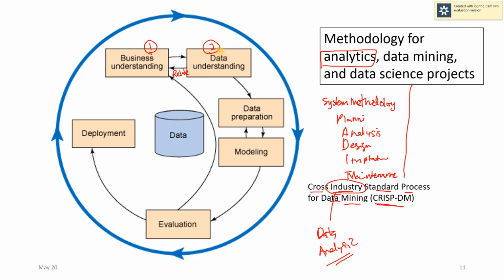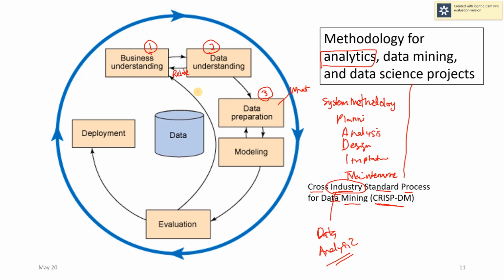Instead of just taking a look at the data, you need to understand what it is all about. Then you have data preparation. Once you understand your data, you prep your data. You look at what data you are going to use in your model, and what kind of pre-processing you are going to use. All of those things must be taken care of.